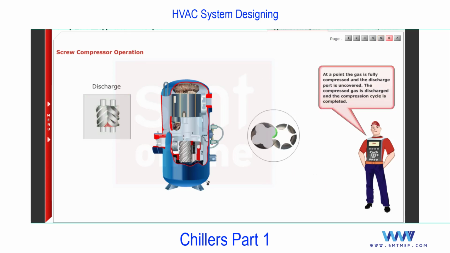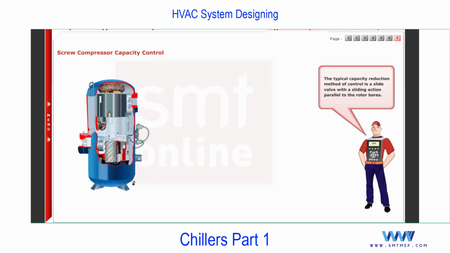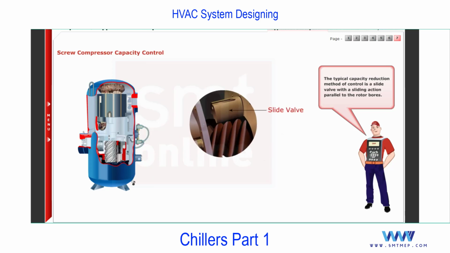At a point, the gas is fully compressed and the discharge port is uncovered. The compressed gas is discharged and the compression cycle is completed. The typical capacity reduction method of control is a slide valve with a sliding action parallel to the rotor bores.